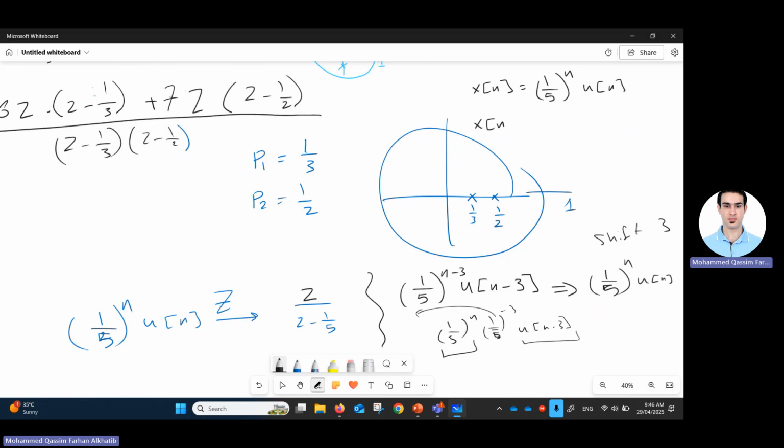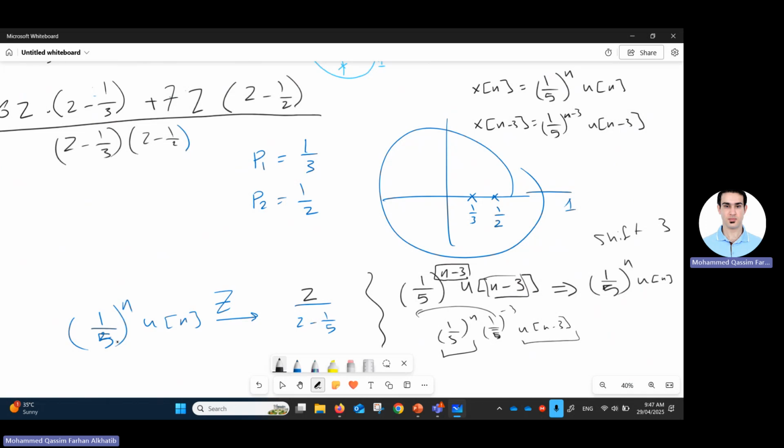Then x of n minus 3 equals what? 1 over 5 to the power n minus 3 u of n minus 3, right? So I did shifting. Notice these two have to be the same. I shifted all n by 3.